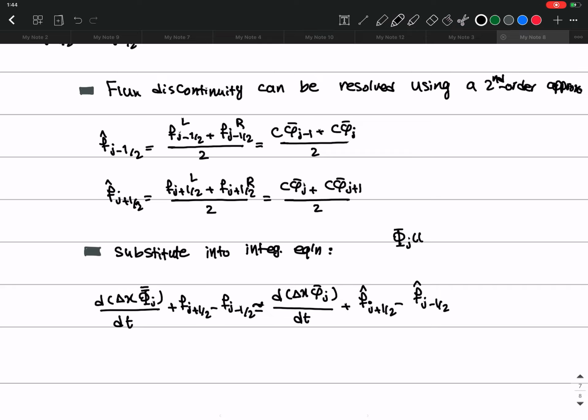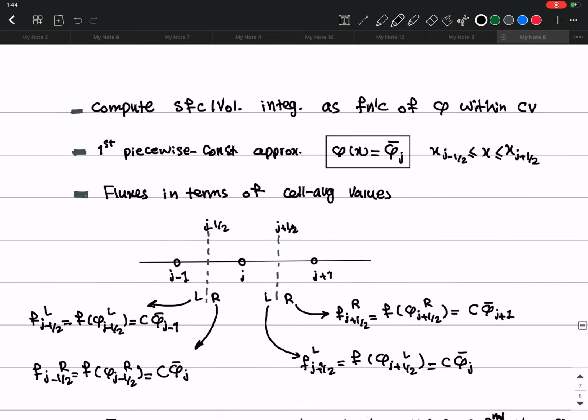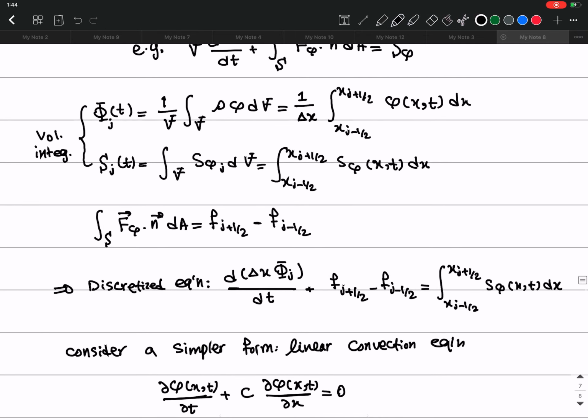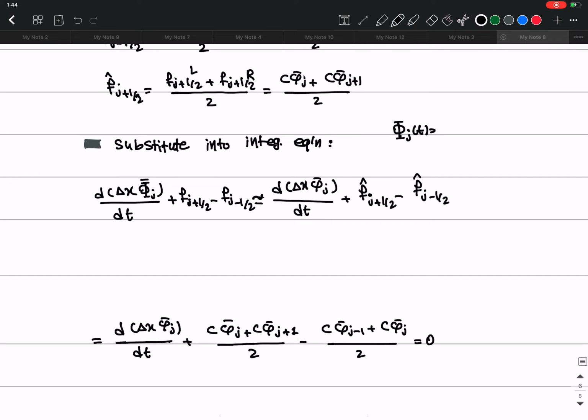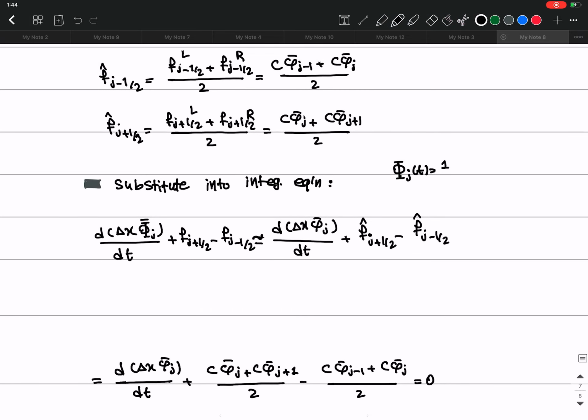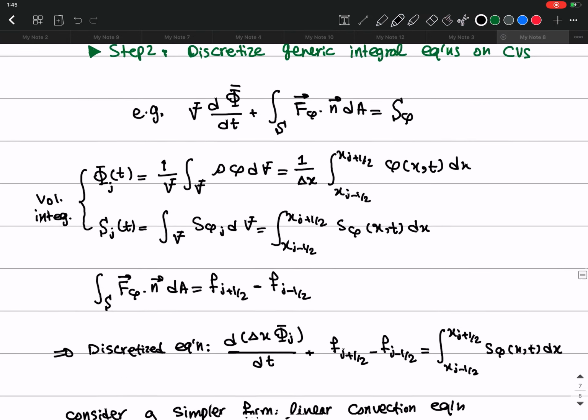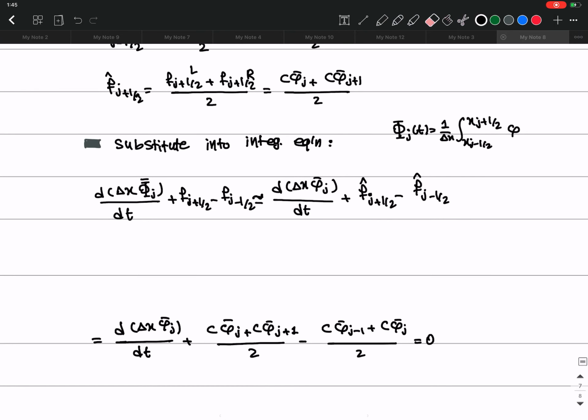Phi j t is going to be 1 over delta x and the integral of that. So it's going to be 1 over delta x, the integral from x j minus 1/2 to x j plus 1/2 of phi x t dx.